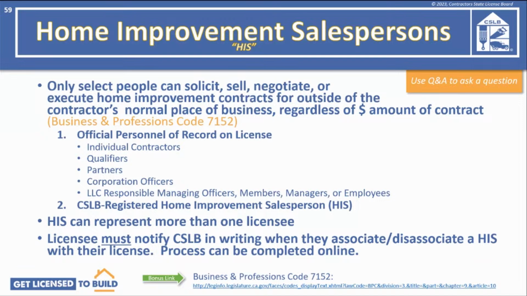A HIS can work for more than one contractor. The licensee must notify CSLB when they either associate or disassociate an HIS with their license. This process can now be completed online as well.